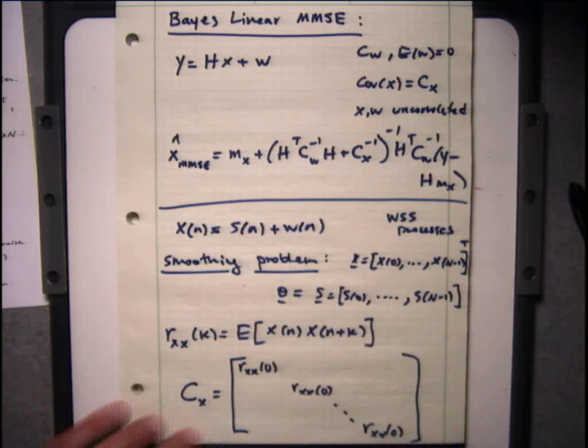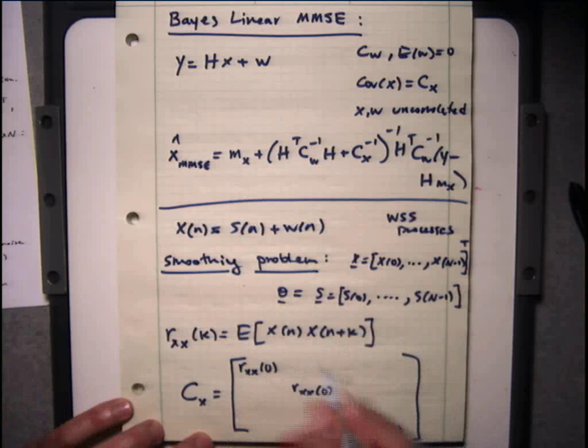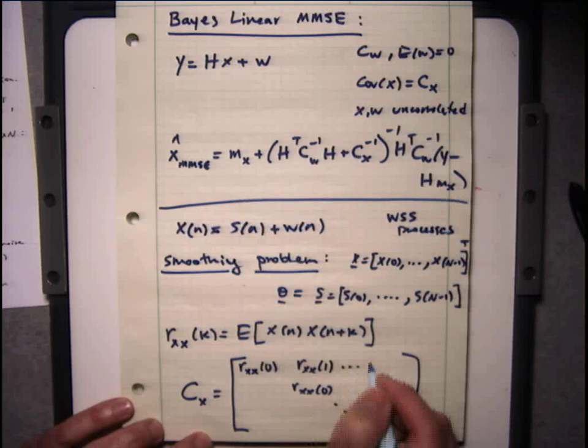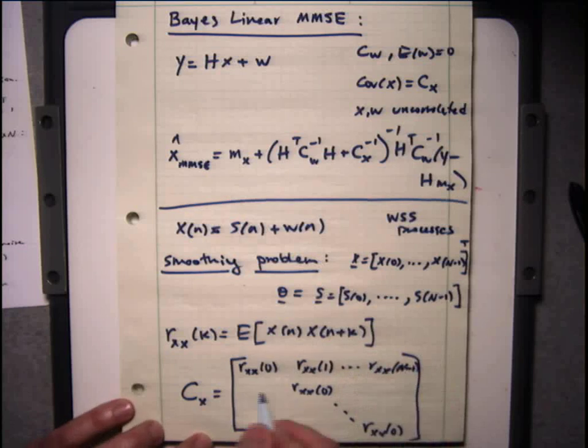And along the off-diagonal terms you would have Rxx 1, up to Rxx n minus 1. And of course, this is going to be a symmetric matrix, so here you have Rxx 1 and so on, Rxx n minus 1, etc.